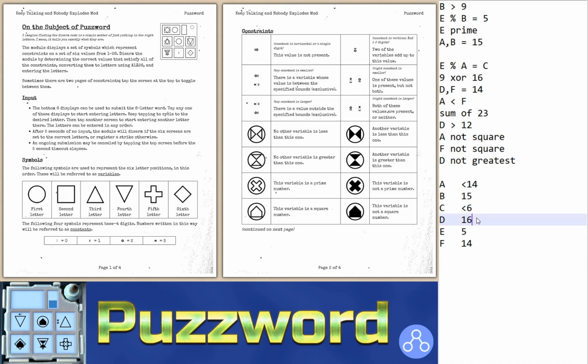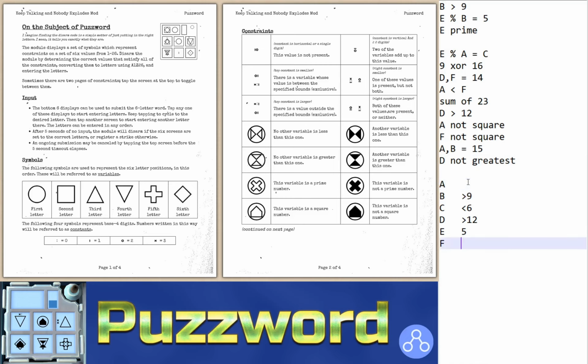And that would immediately tell us, because D is not greatest, that something else has to be bigger than 16. And none of them are. Look at that, this is less than 14, all of them are less than 16. So we've now ruled out the possibility of Foxtrot being the 14.